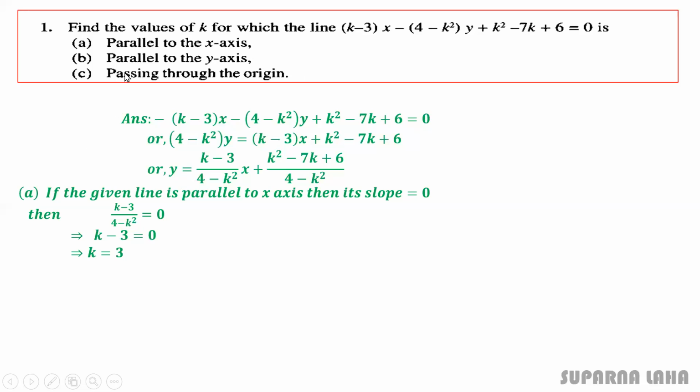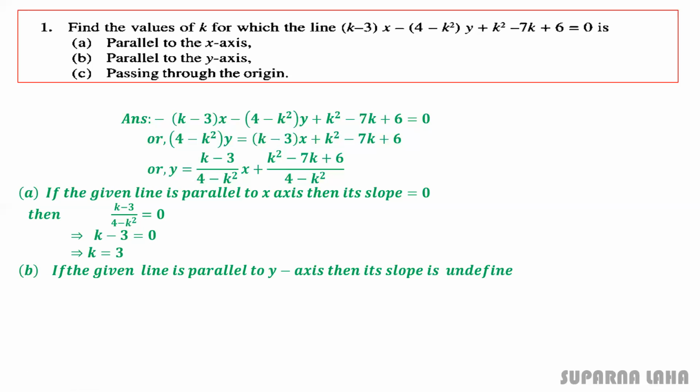Now moving to the second condition, parallel to the y-axis. If it is parallel to the y-axis, then the angle between the x-axis and the line should be 90 degrees, since it is parallel to the y-axis. Now what is tan 90? Undefined. That means the slope is undefined, that means if the denominator is 0, we can say this is undefined.